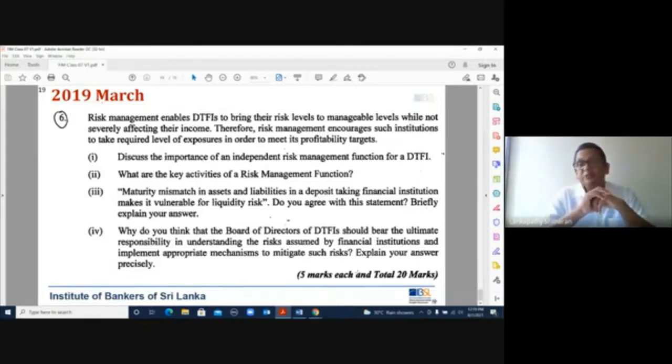Therefore, risk management encourages such institutions to take the required level of exposure in order to meet the profitability target. Discuss the importance of independent risk management function for a deposit-taking finance institution. What is the independent risk management function?